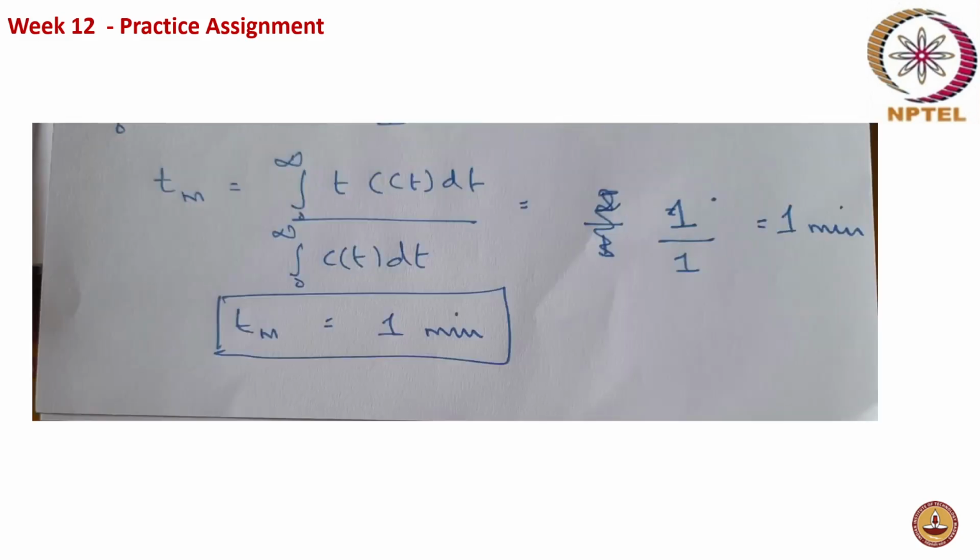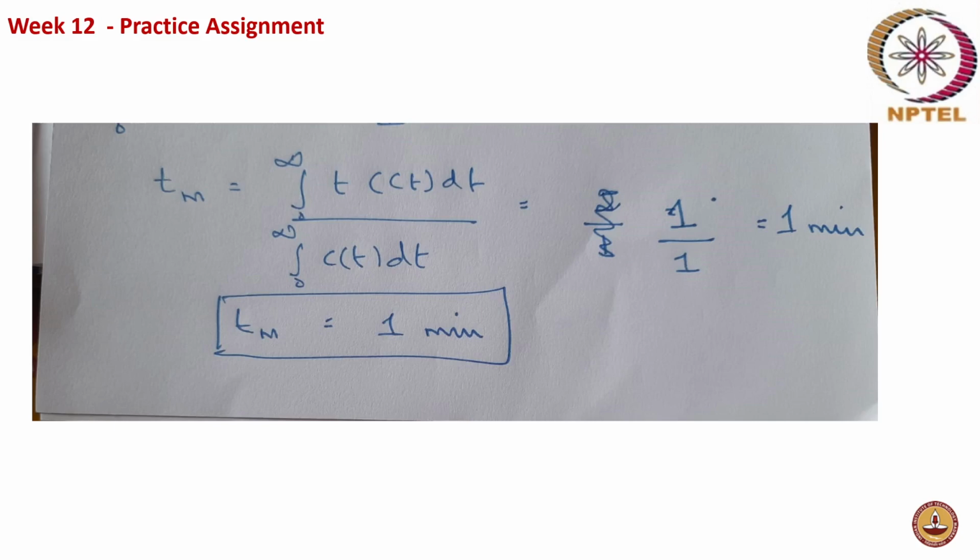Finally, the mean residence time is equal to integral 0 to infinity t into C of t dt divided by integral 0 to infinity C of t dt. The value of the numerator is 1, as we determined, and the denominator is also 1.